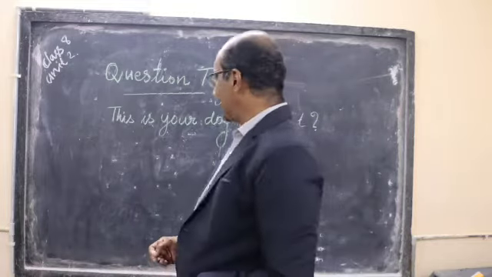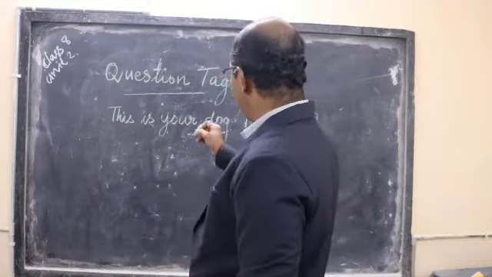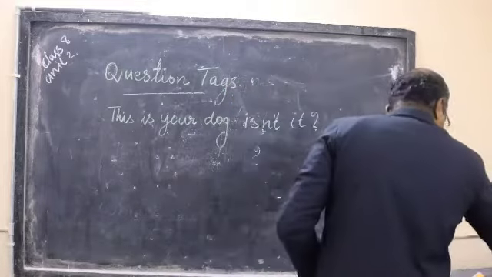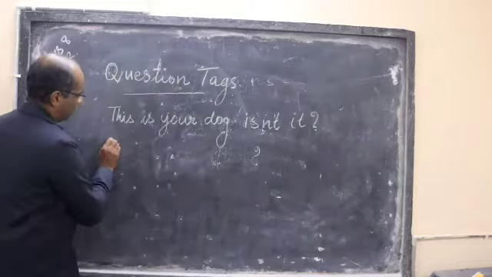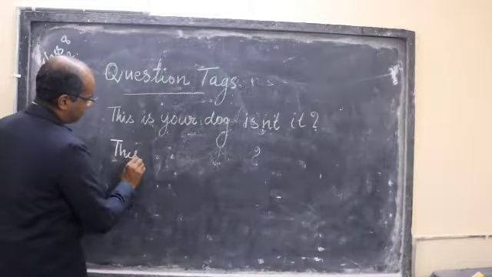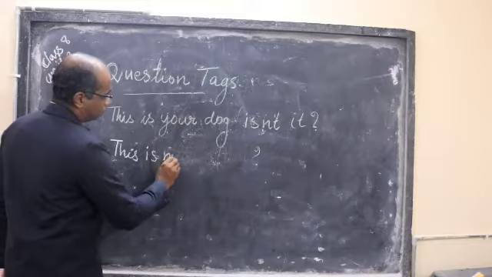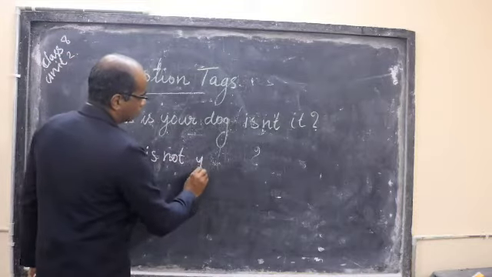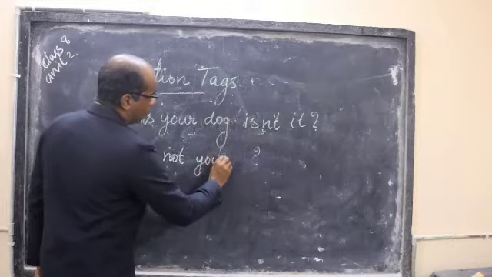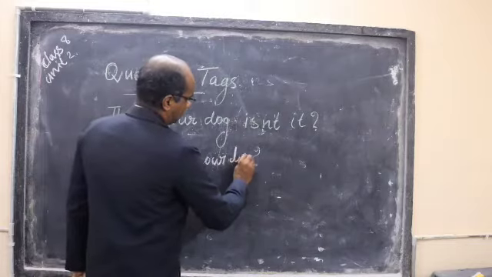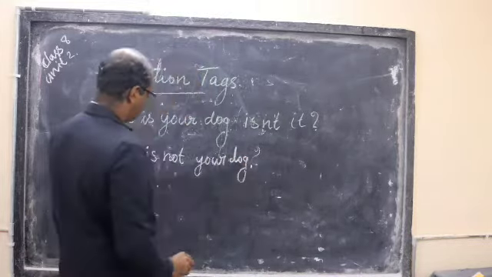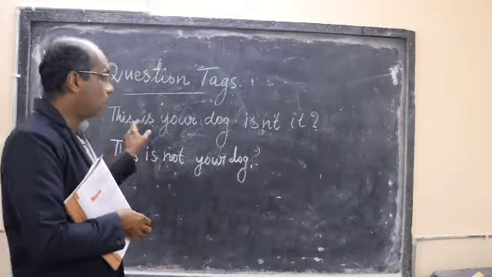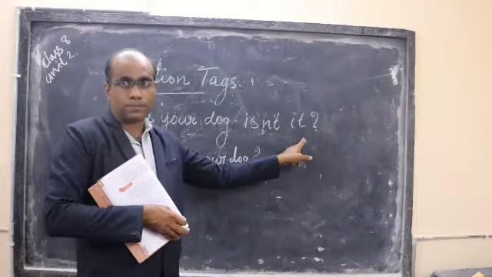So let us see one example. Suppose we write here, this is not your dog. So this is something negative. This is positive. If it is positive, what happens? The question tag will be negative.